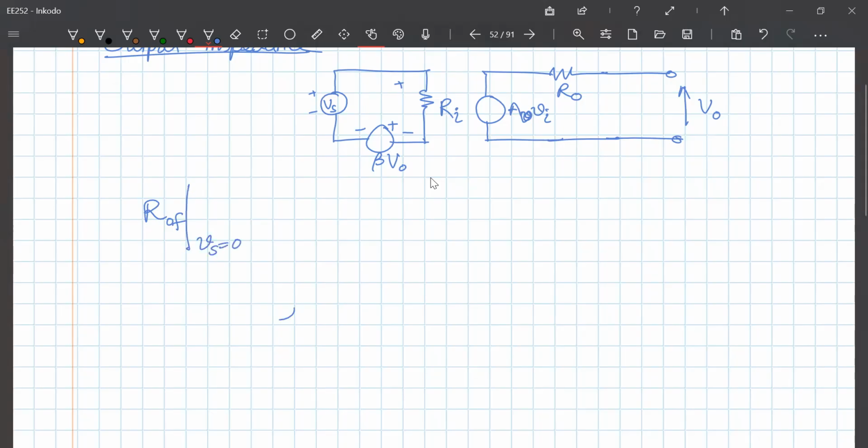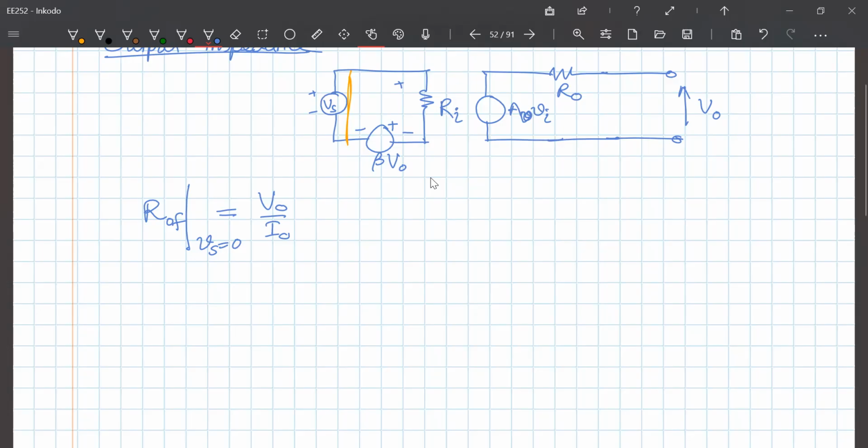In other words, we are going to short circuit this input circuit, and we are going to define this as V out divided by I out. Remember, this is exactly what we did for the transistor also. We defined the output impedance as the ratio between output voltage and output current when the input is short circuited.